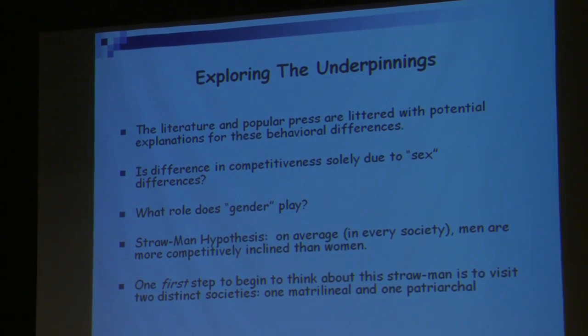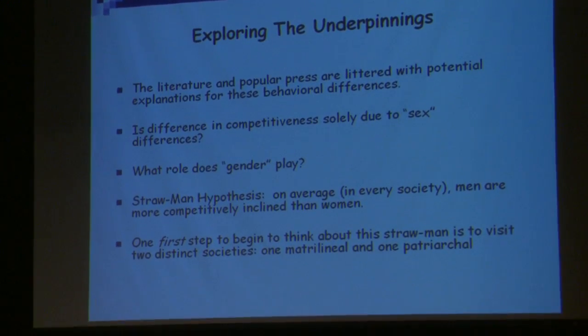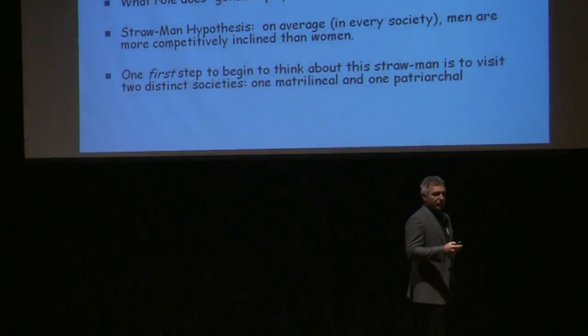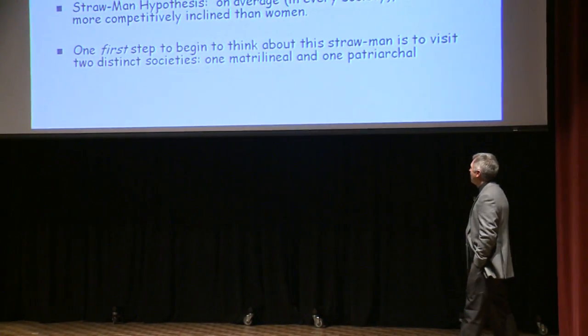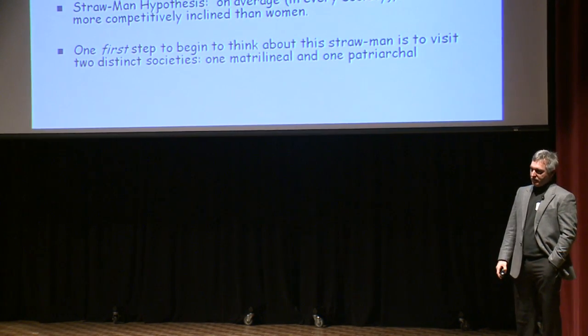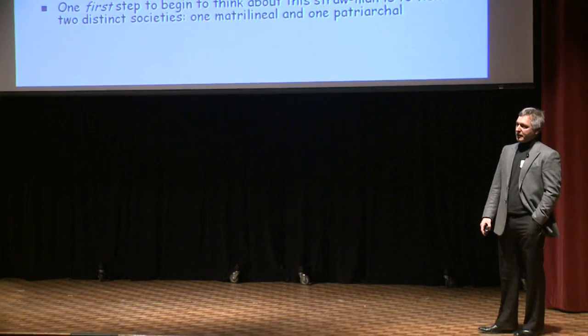I can do that if I go to two very different societies and do an existence experiment. I want to go to a matrilineal society and a patriarchal society and do similar experiments and explore preferences for competition amongst men and women in those two very different types of societies.